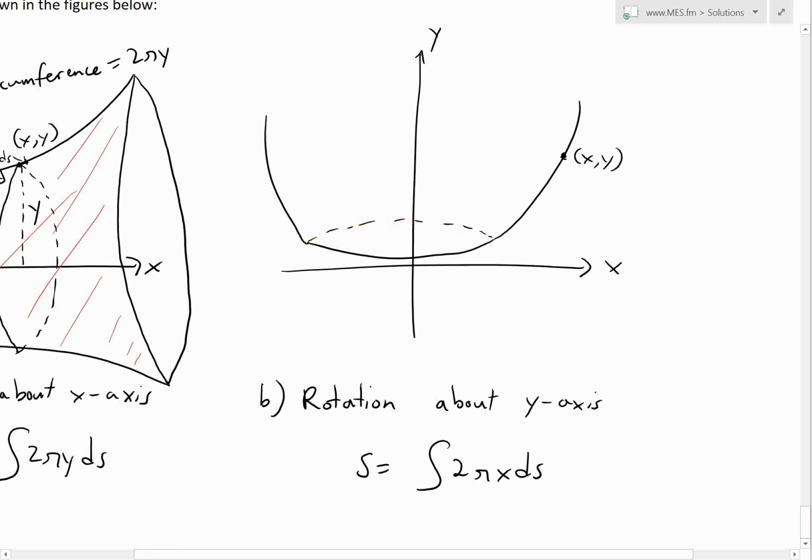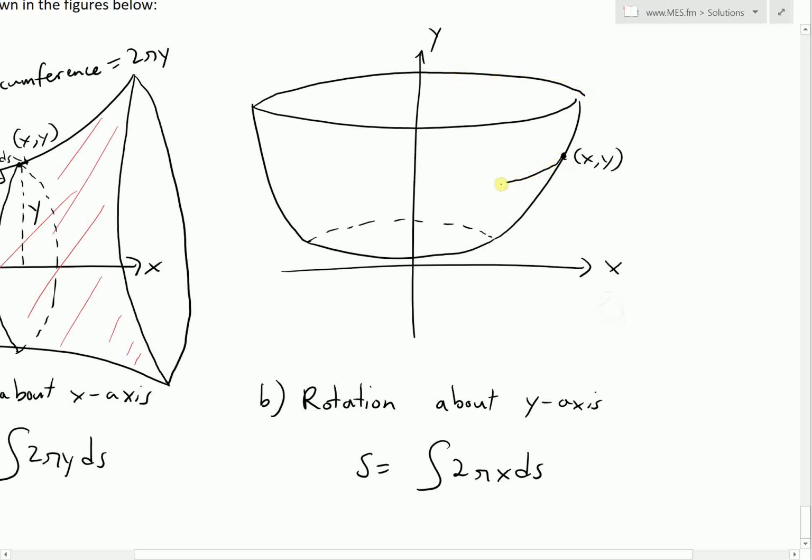I'll just draw a perfect circle, trace it across, and then rotate it across here.